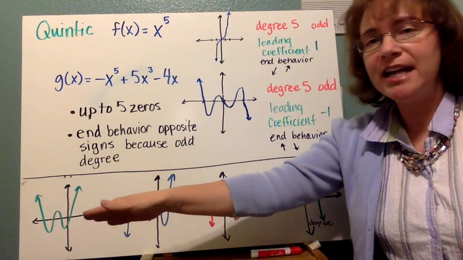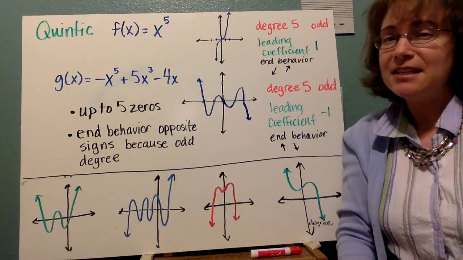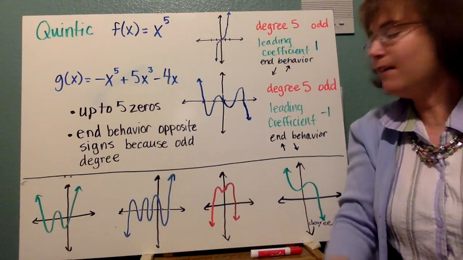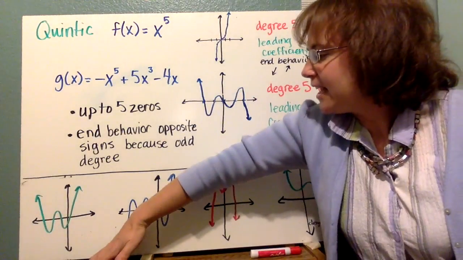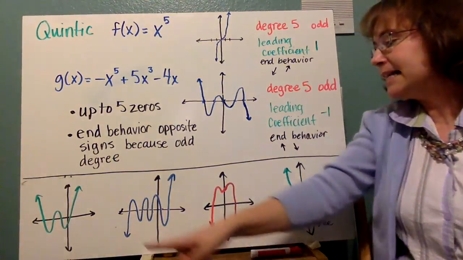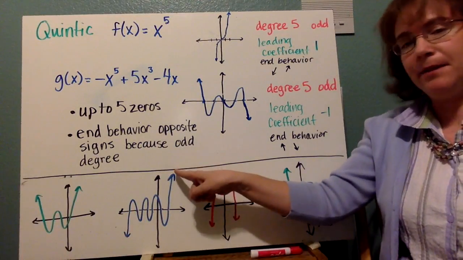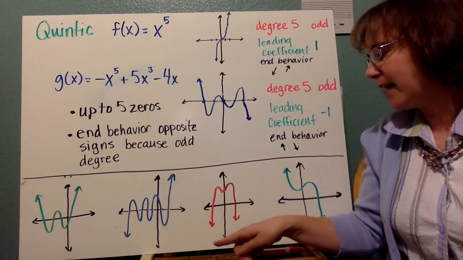As I get more and more negative, my y values get more and more negative. So I imagine the line because it does the same end behavior as these odd degree polynomials. And I know it's going to have a positive leading coefficient, right? Because as I go positive on the x-axis, I'm going to get more and more positive on the y-axis.